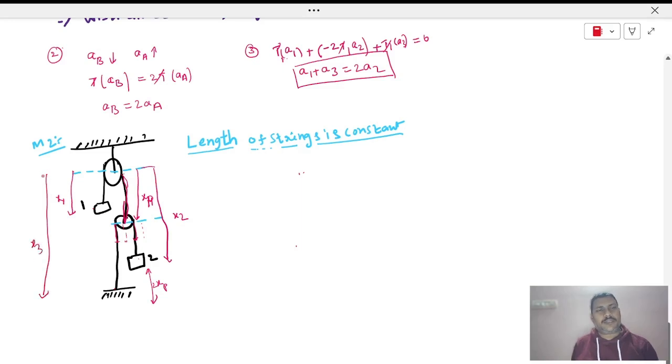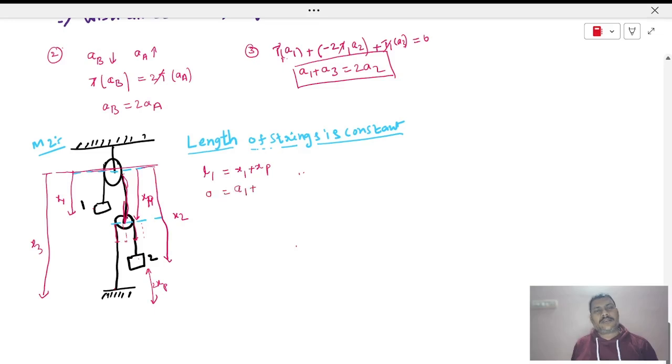Remember, in the displacement method, you have to measure the displacement from the fixed pulley to the blocks and mobile pulleys. So for the first string, L1 is equal to x1 plus xp. Double differentiating, it gives 0.